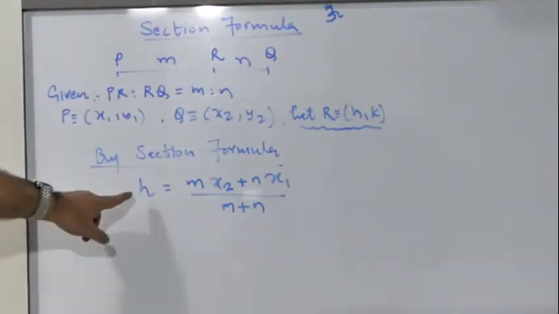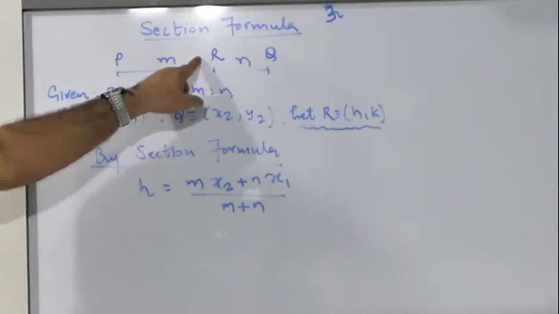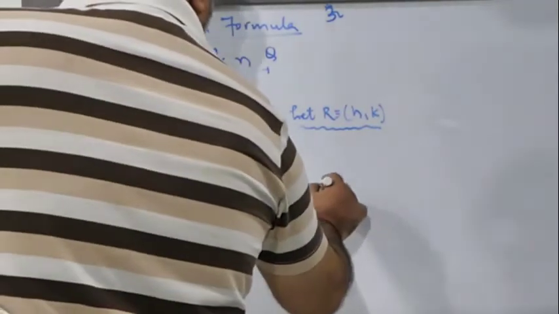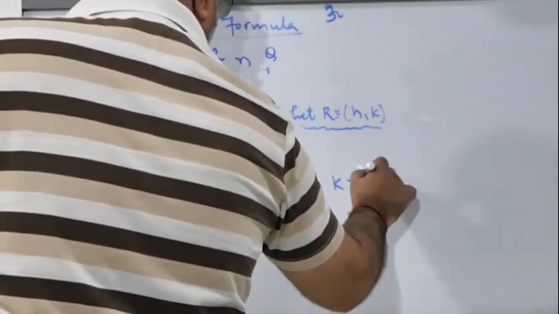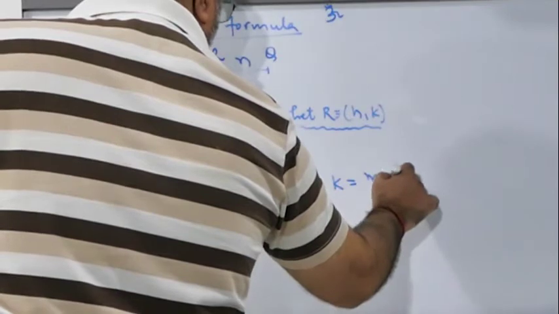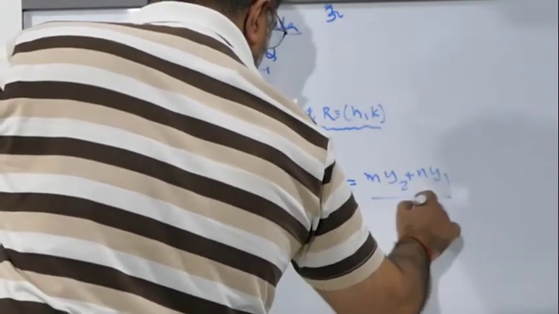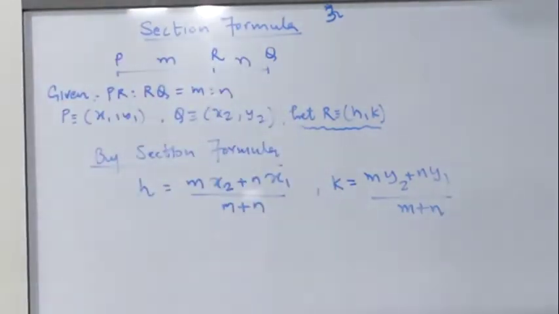This will give you the x coordinate of R. Now, how do we get the y coordinate of R? That will be k. So k will be equal to m y2 plus n y1 upon m plus n. This is how you get k.